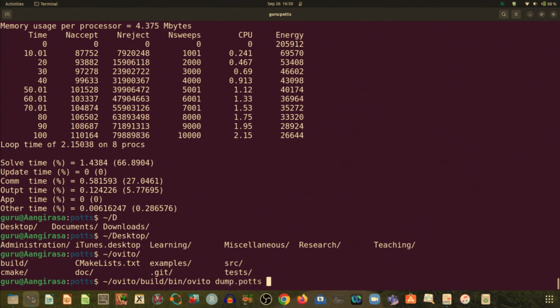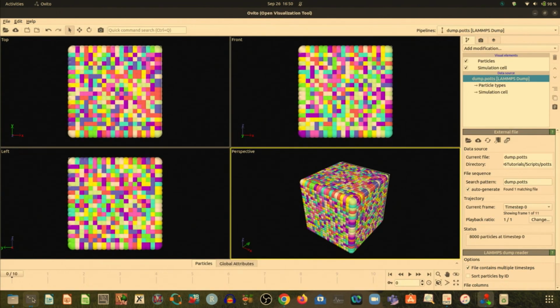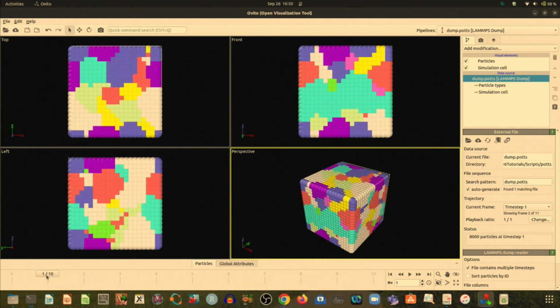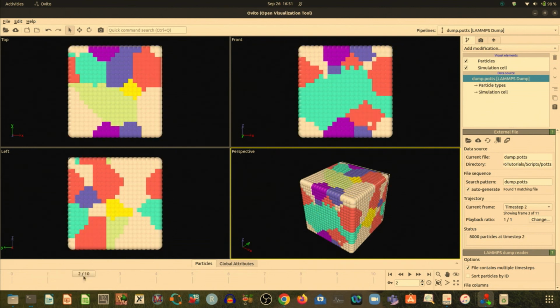I think the other day also I showed this. The different views, top, front, side and perspective, all views you get. Here also, at the bottom you can go to this, for example, or you can just run the movie.